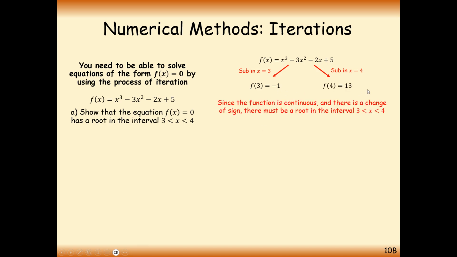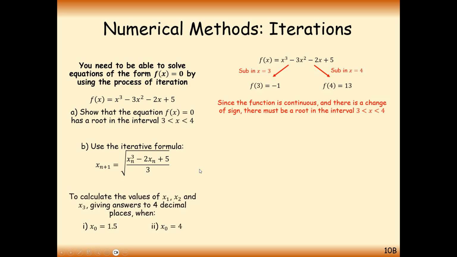We have two alternating signs, so that is enough to prove that the equation has a root. Now, in part B of the question, we are asked to use this iterative formula to calculate the values of x1, x2, x3, and so on, starting with x0 to be 1.5.